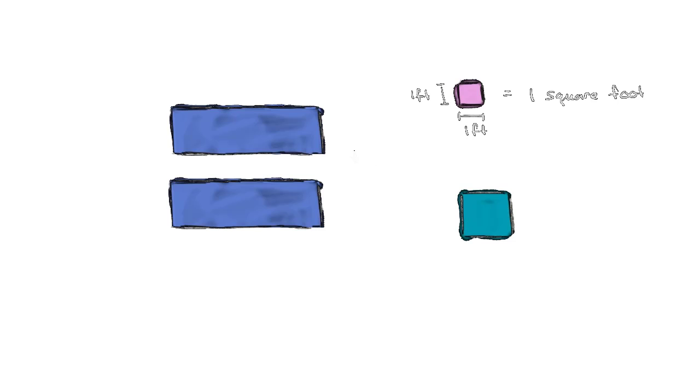So let's see how many square feet we can get onto one of these rectangles, and essentially we'll be measuring its area in terms of square feet. And so we want to cover the entire space without overlapping and without going over the boundary.